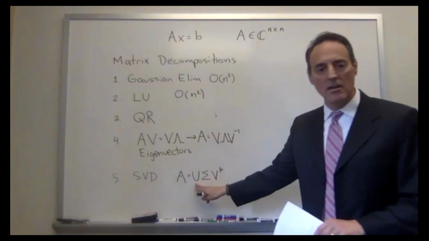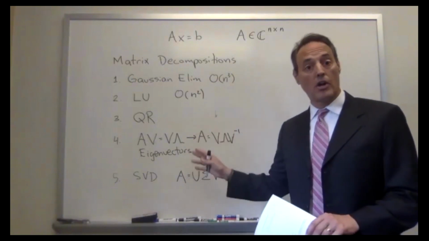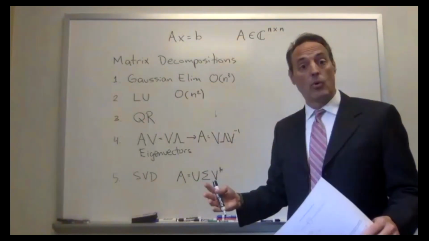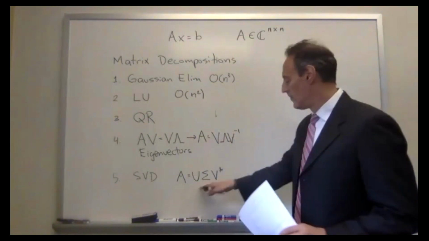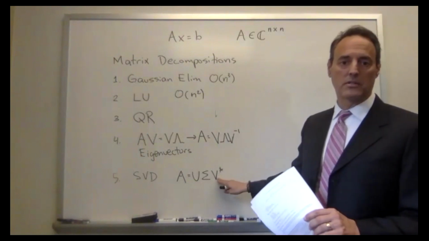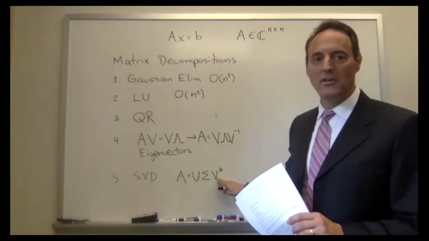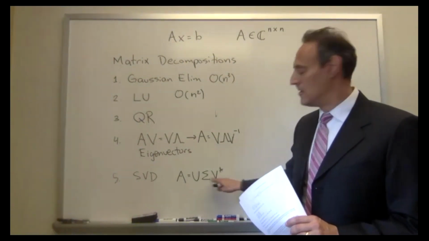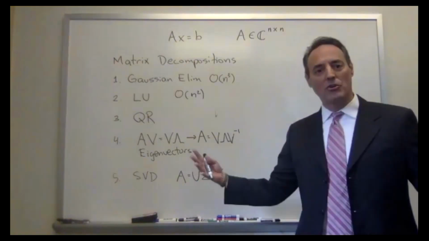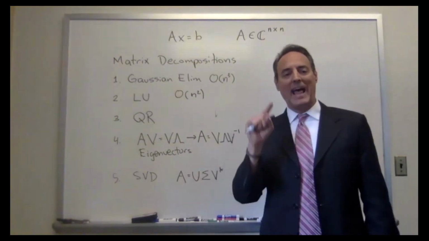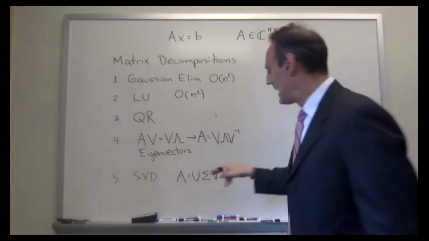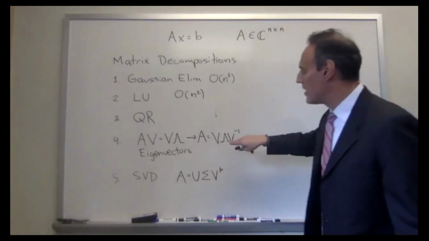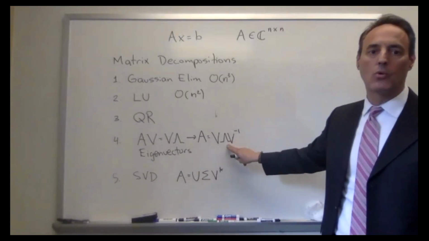This is a unitary matrix, which means all the columns are orthogonal and unit length. This is another unitary matrix. All the columns are orthogonal and unit length. Two orthogonal coordinate systems. It's that flexibility that gets you so much further than this constraint of having one coordinate system.